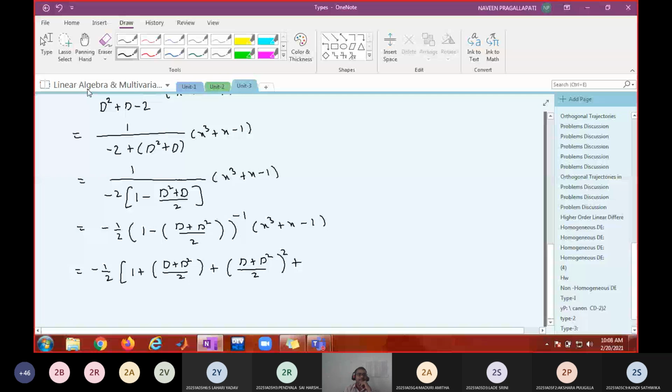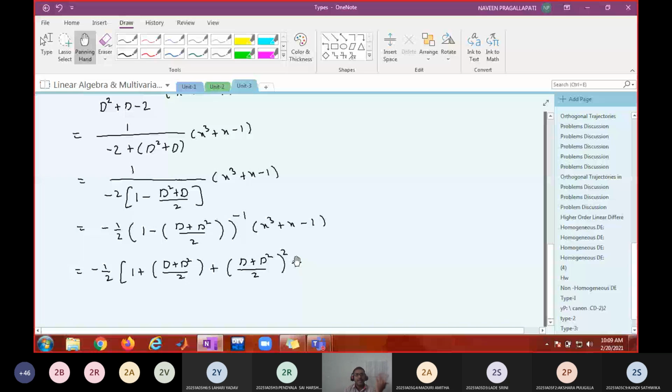Think again. D is there. When you expand d square, here x cube is there. X cube means up to d cube we have to collect. D cube will be there only till this term, or it will not be there. D cube will not be there in the next term. Wherever d cube is there, you need to collect a d cube.